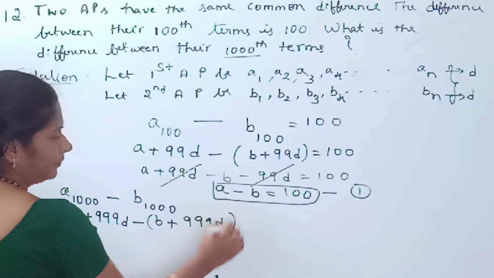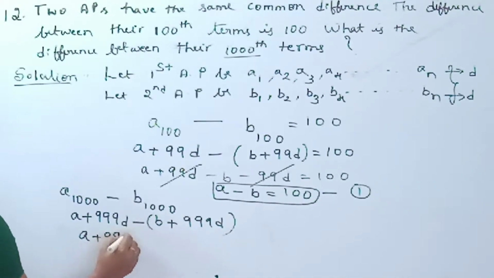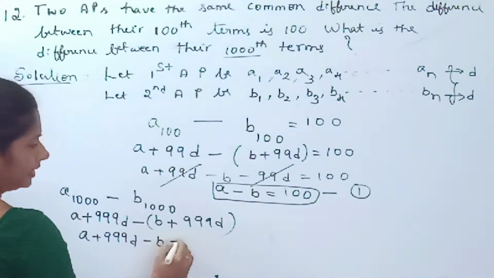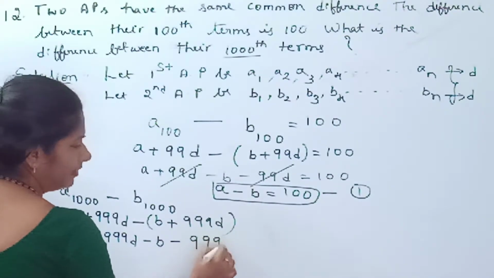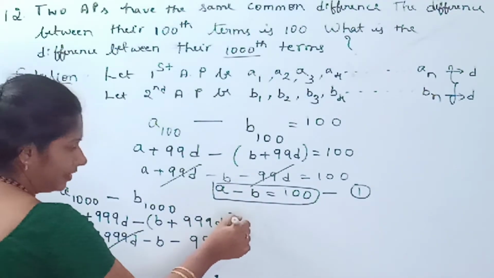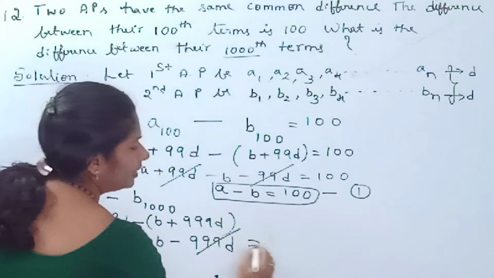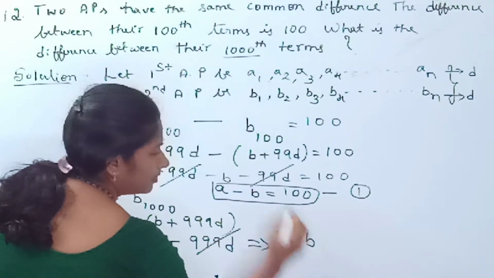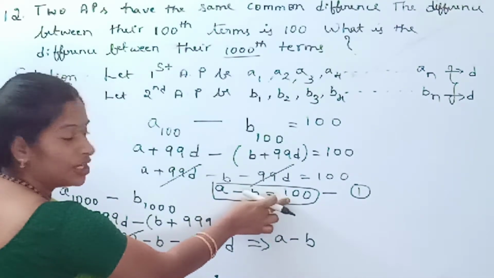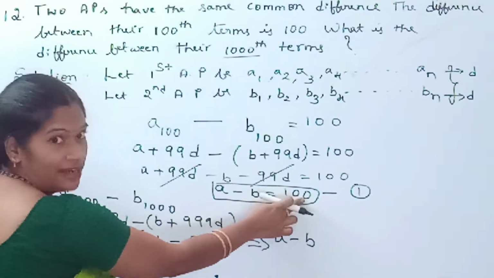Let us remove the bracket, children. A plus 999D minus B, minus of plus, minus 999D. Plus 999D minus 999D get cancelled. What remains? A minus B. A minus B value is from equation 1. A minus B value is 100, isn't it?